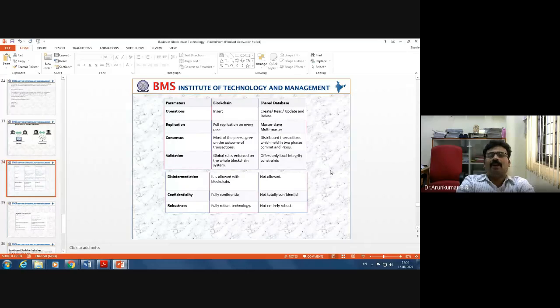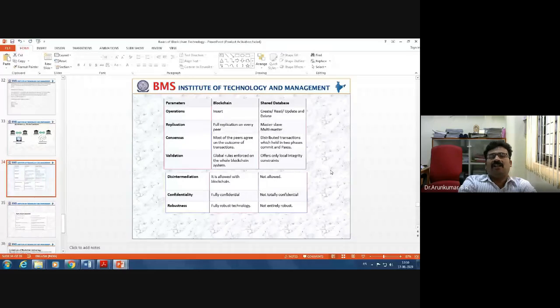Consensus algorithm: most of the peers agree on the outcome of the transactions. In case of a shared database, distributed transactions are handled in two phases, commit and Paxos, right? For validation, global rules are enforced on the whole blockchain system, while shared databases offer only local integrity constraints, right?